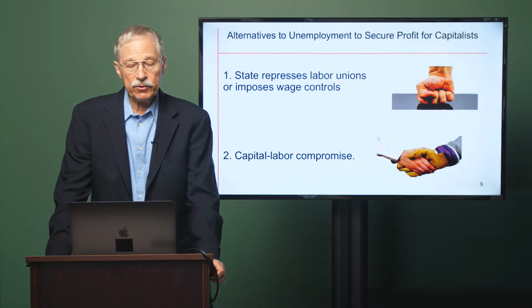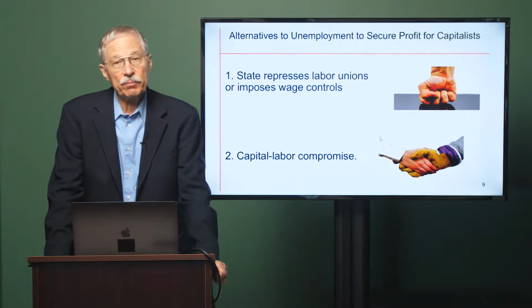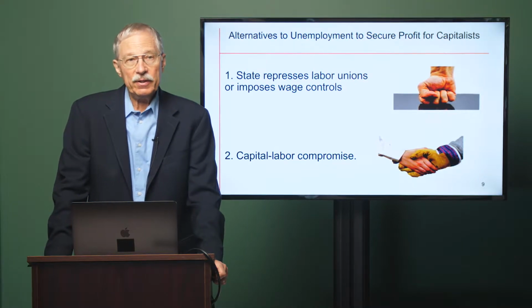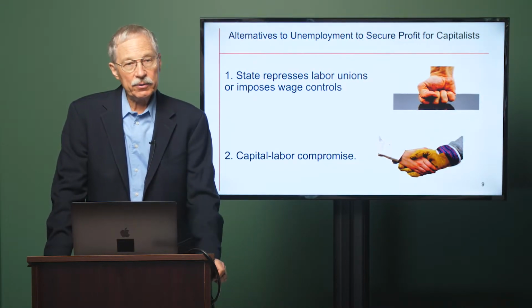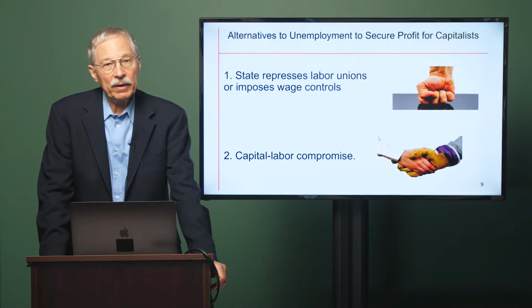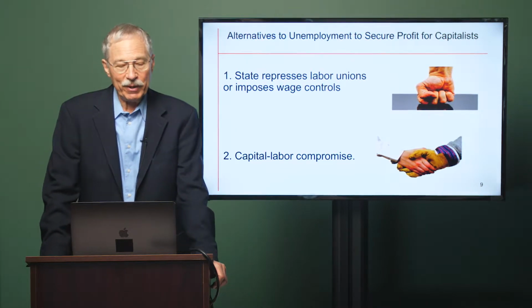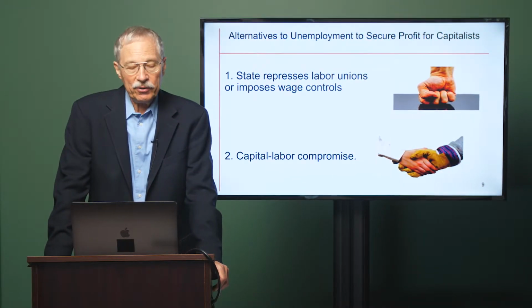There are alternatives to unemployment to secure profit for capitalists. While the existence of unemployment is an important factor that enables capitalists to keep wages low enough, keep labor working hard enough, and keep technology advancing enough to make a profit, there are other means.